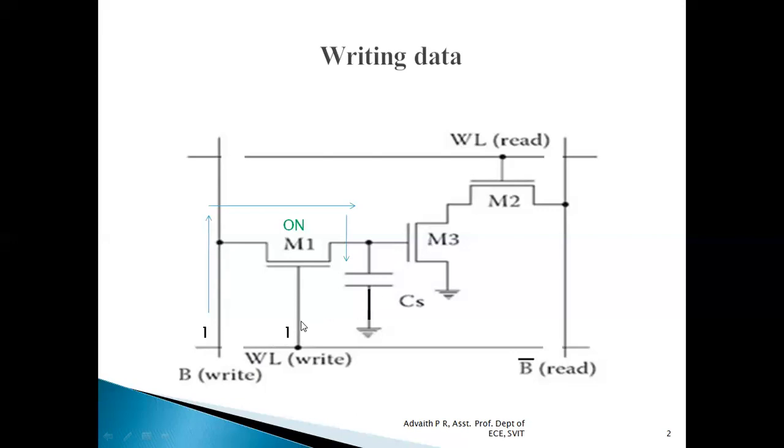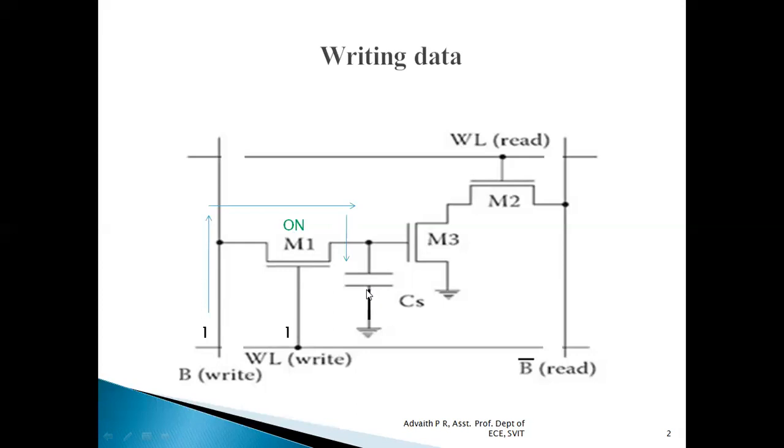For example, if this particular bit line is connected to VDD to write logic level high, the capacitor starts to charge to VDD minus VTH, because this particular MOSFET has some amount of threshold voltage. So VDD minus VTH will be the voltage which is stored in this particular capacitor.